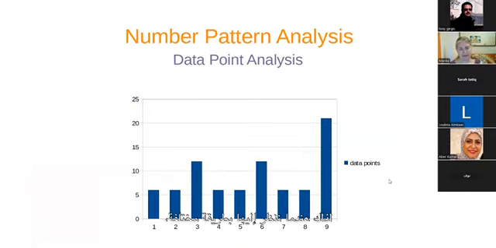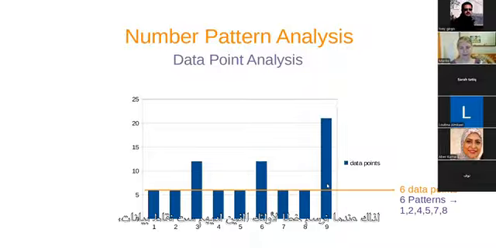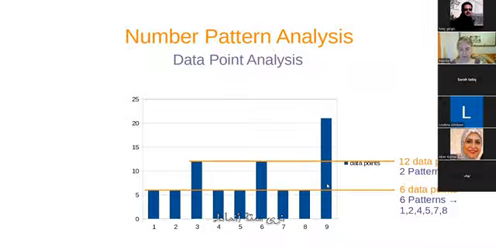So when we look at it in a different way, like the numbers are usually increasing from 1 to 9 with an increment of 1, it looks like this. When we draw a line for those who have 6 data points, we see it's 6 patterns. For those who have 12 data points, we receive 2 patterns.